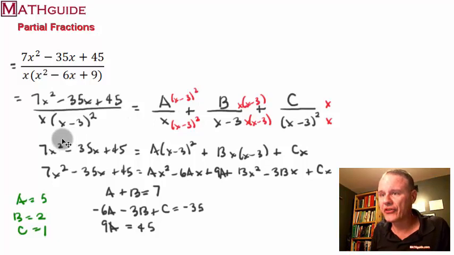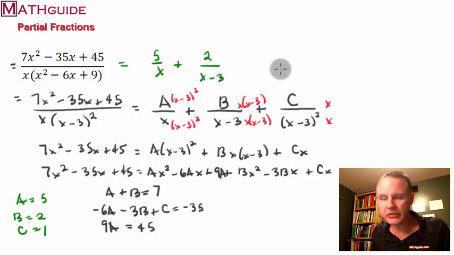So let's now put this back in as an equation. Let's get my colors right. Yeah, let's leave that green. Okay, so I know now that this is a over x. A is 5. I know that b is 2 all over x minus 3.